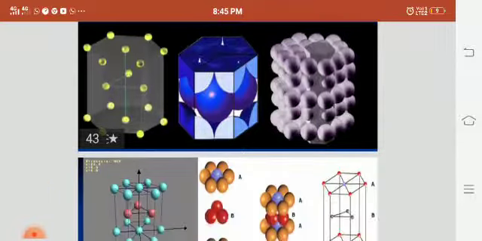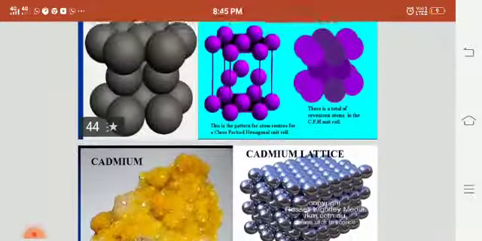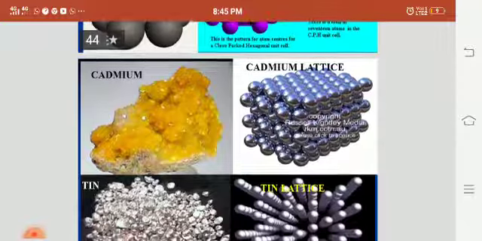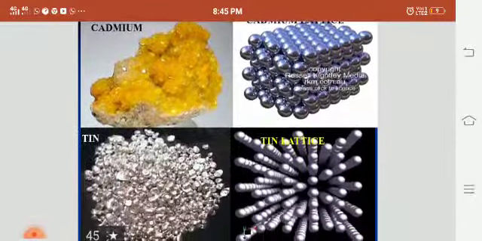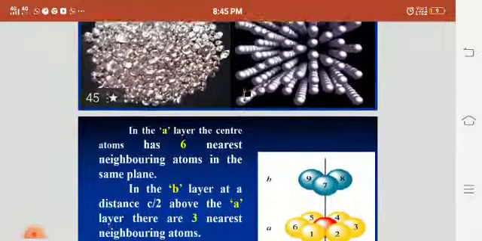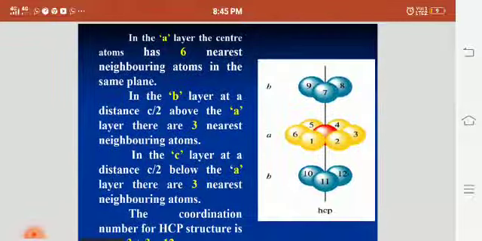Here we can see examples of atomic arrangements of the HCP structure. Cadmium lattice shows the HCP crystal structure, and also tin lattice shows the HCP crystal structure. In a layer, the center atom has six nearest neighboring atoms in the same plane.